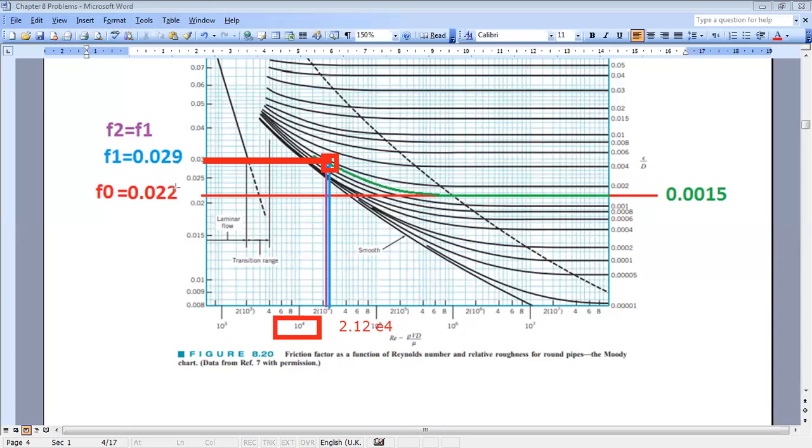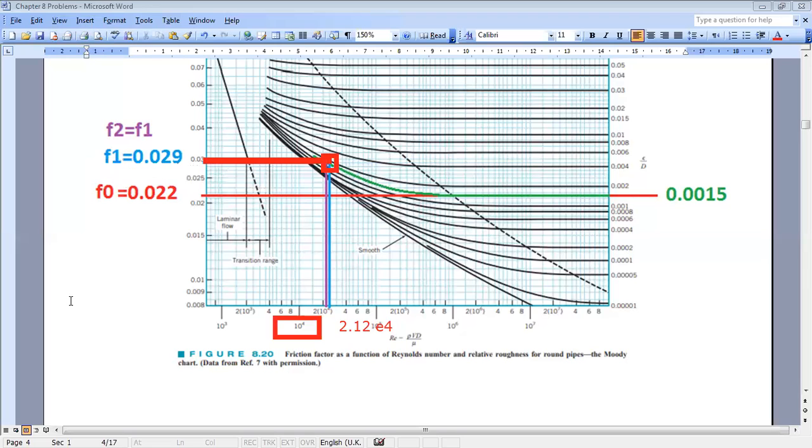I should repeat everything. I should again calculate a new velocity, calculate a new Reynolds number, and plug it in again in the Moody chart. So now, if I go back to my equations, I replace F by 0.029. I will get a new velocity V1, and I will get a new Reynolds number 1.